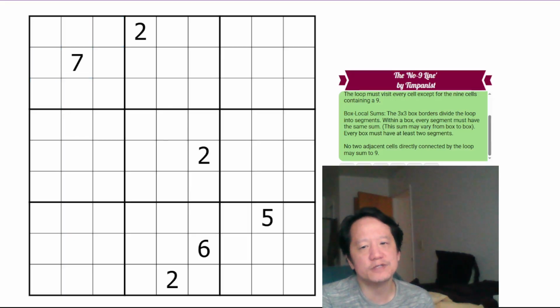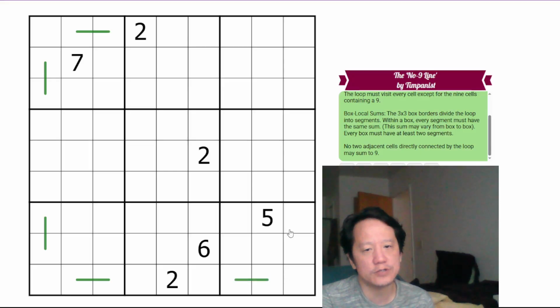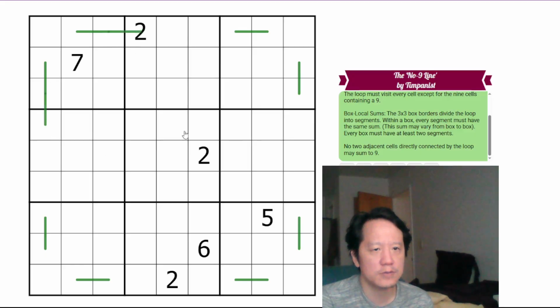So the loop is always going to be going 2 here and 2 here in the corners. Same with this. And it must exit out. So it has to go this way.